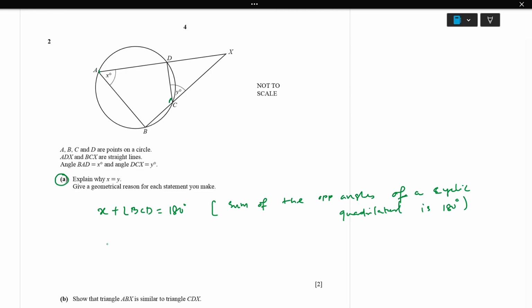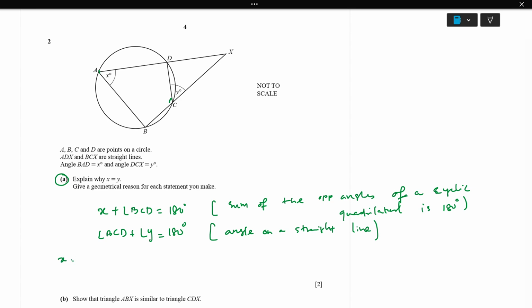Next I'll go for these two angles: angle BCD plus angle Y equals 180 degrees. The reason is angles on a straight line. Now in both equations the right side is 180, so the left sides must be equal.